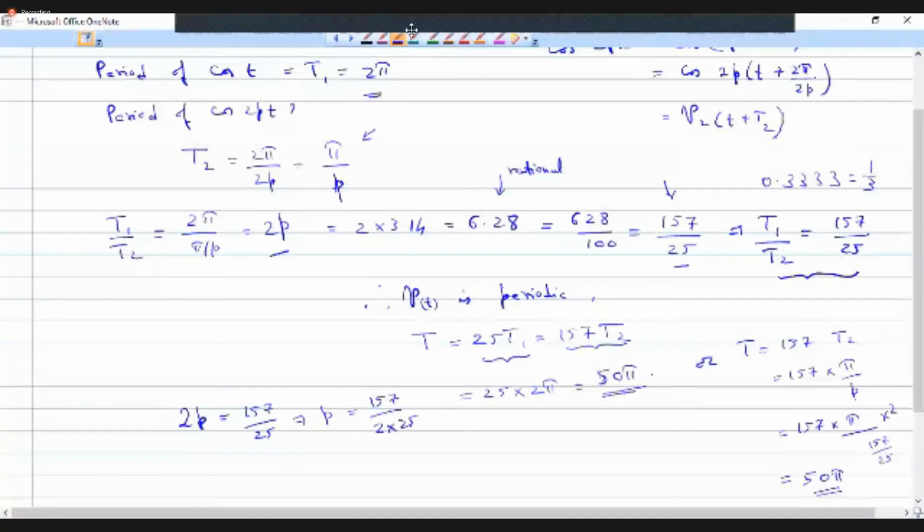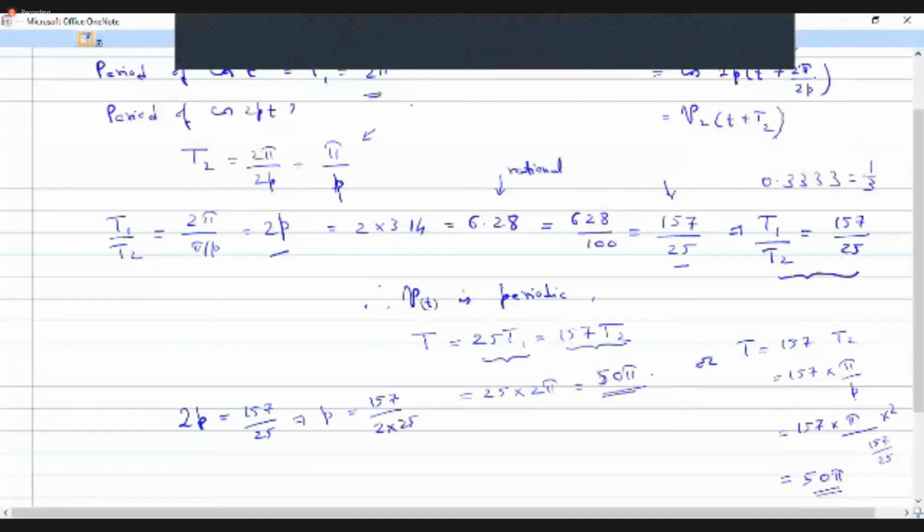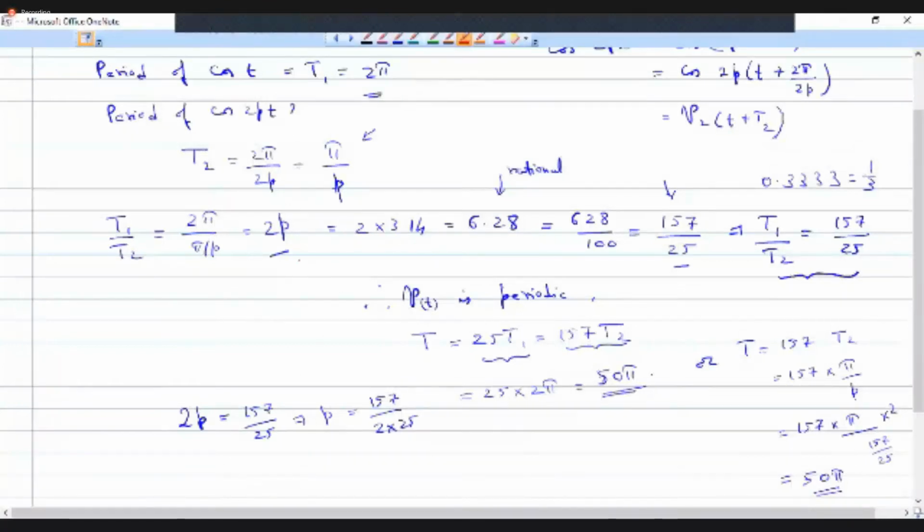Just hold on. Okay. Just see this one, and this one. So that's how I wrote 2p is equal to 157 divided by 25. I cross multiply this, p is equal to 157 by 2 into 25.